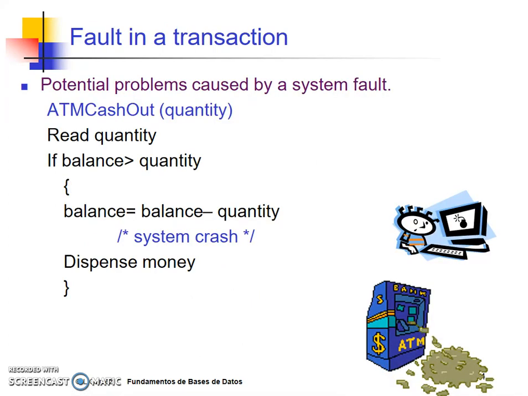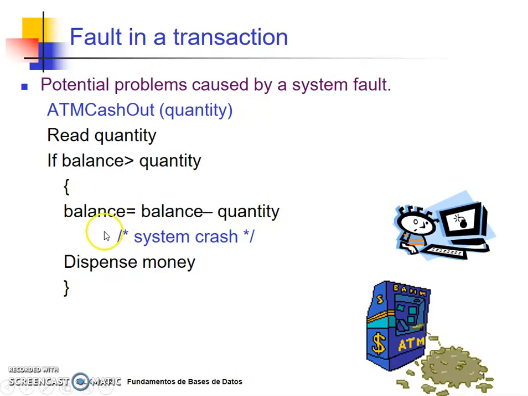Transactions in databases are used to do operations. When we have a transaction, we have some activities that are executed during the transaction. For example, if we want to get some money from the ATM, we first read the balance from the account, and if the balance is bigger than the quantity, then we can get the money from the bank.